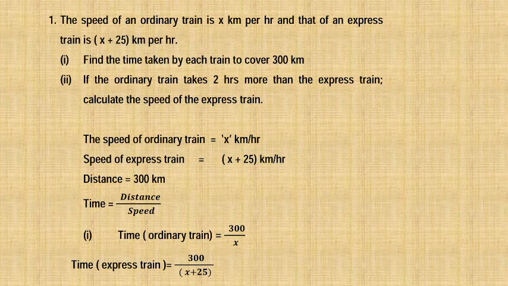In the sub question 1, they had asked you to find out the time taken by each train to cover 300 kilometer. That means use the formula time is equal to distance by speed. So the time taken by an ordinary train will be equal to 300 by x and the time taken by an express train will be equal to 300 by x plus 25.